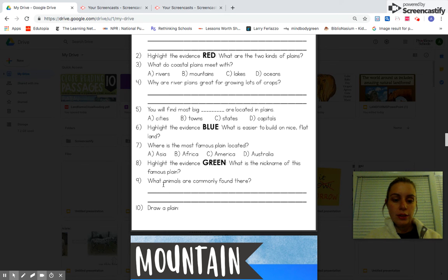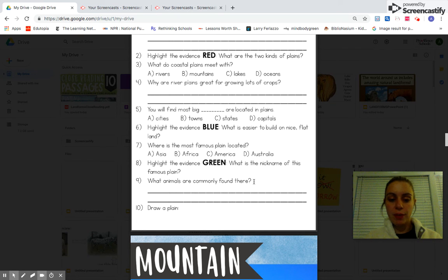Okay, number 9. What animals are commonly found there? So, there are certain animals you find in the Serengeti plain. Hint, you should already know that from number 8. So, what animals are commonly found there? So, the animals that are commonly found there, right, because we're going to restate the question, are what?